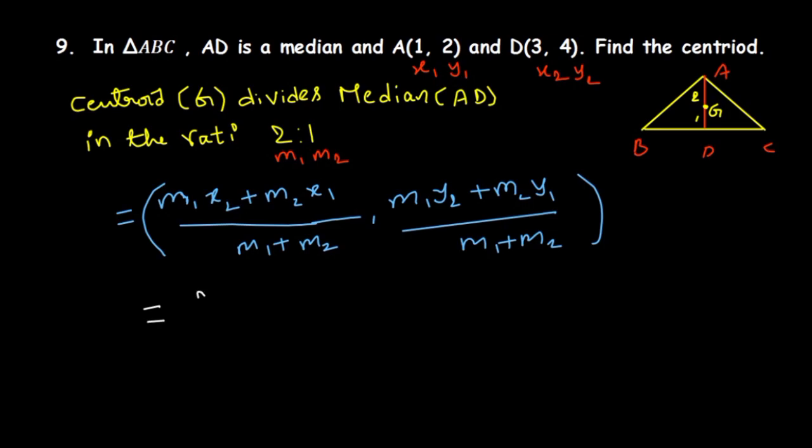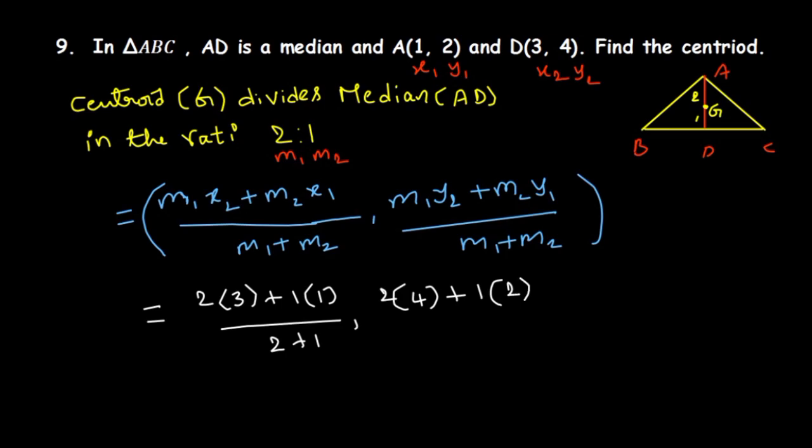What is m1 here? It is 2, and x2 is 3, so 2 comma 3. m2 is 1, x1 is 1, by 2 plus 1. m1 is 2, y2 is 4, m2 is 1 and y1 is 2, by 2 plus 1.